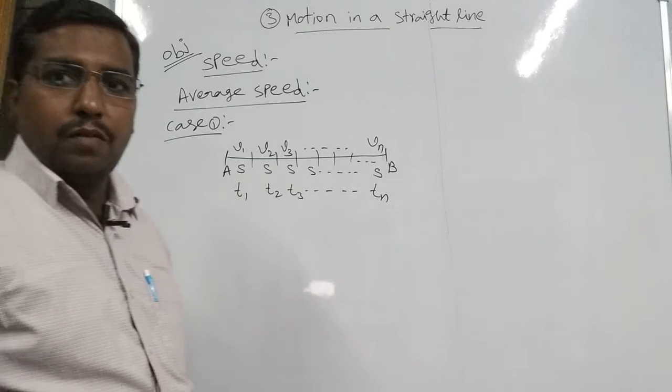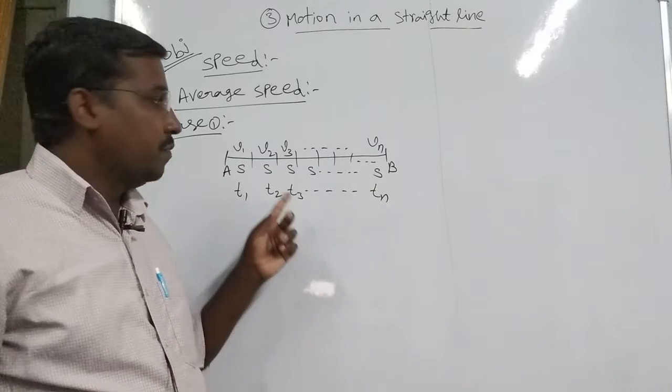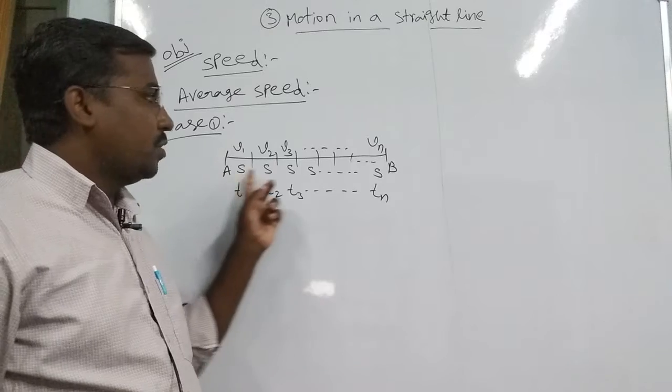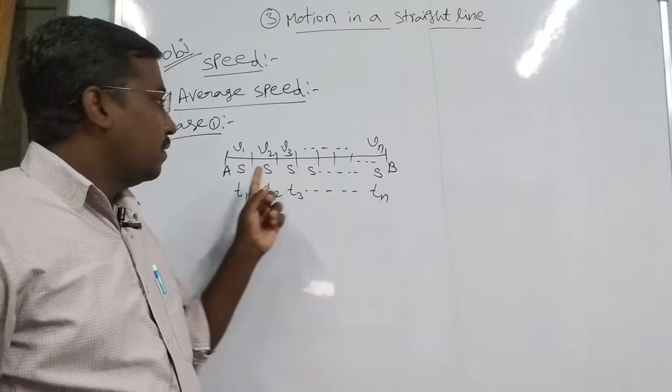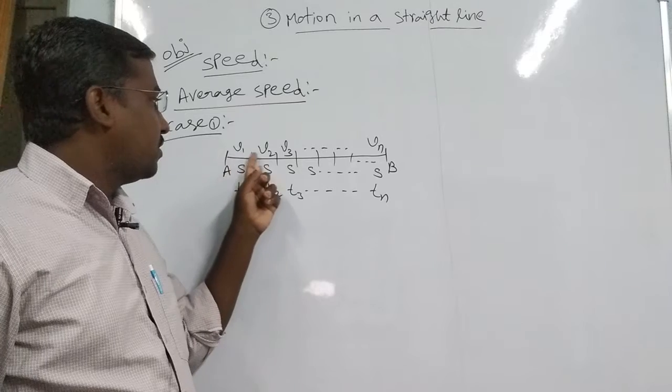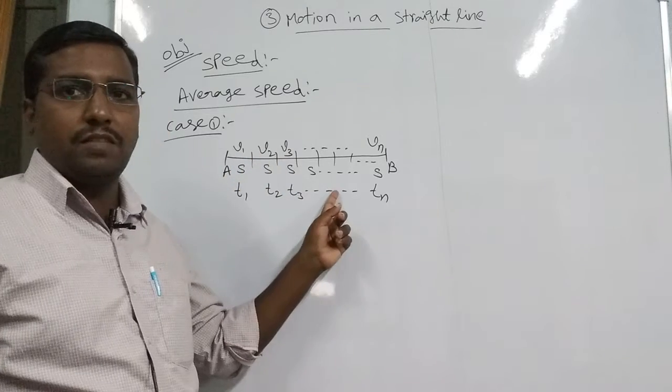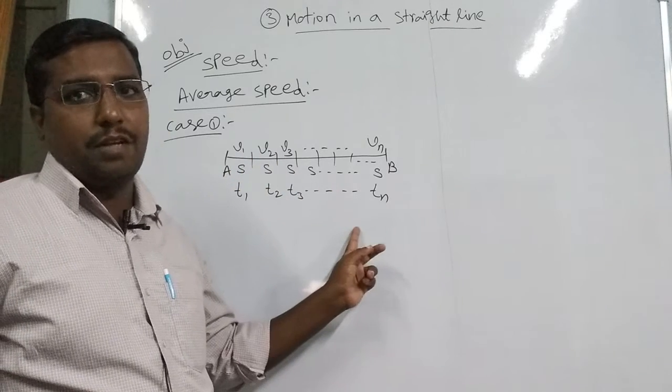Once again I will tell you, a vehicle covers the path A to B, or the distance A to B, with different velocities in the same distance and different times.